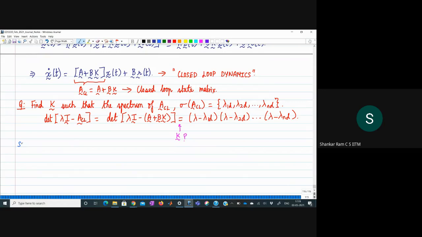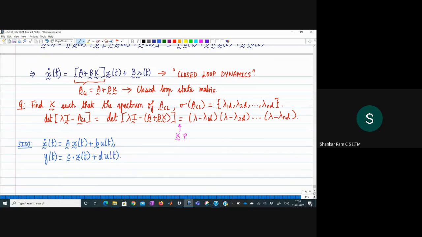However, let's look at the equivalent problem for a SISO system. If we recall, for a SISO system, the state equation is x dot equals Ax plus Bu, and y equals c dot x plus du.